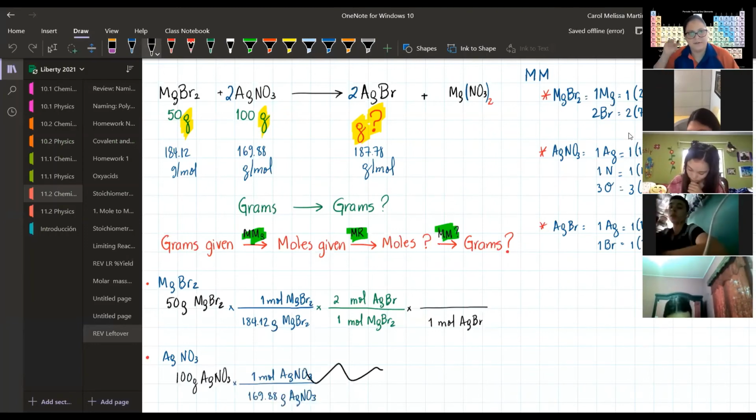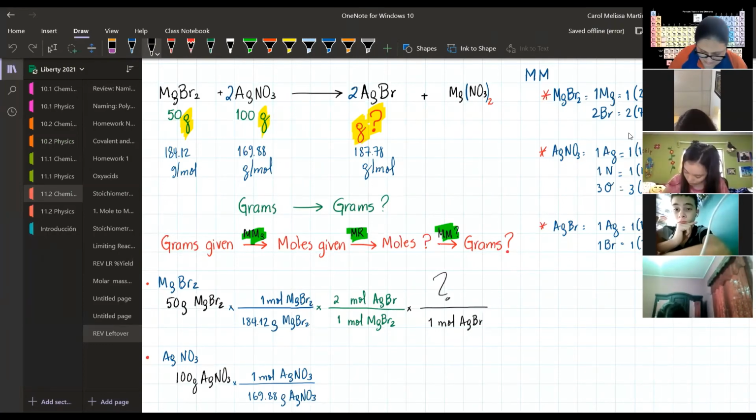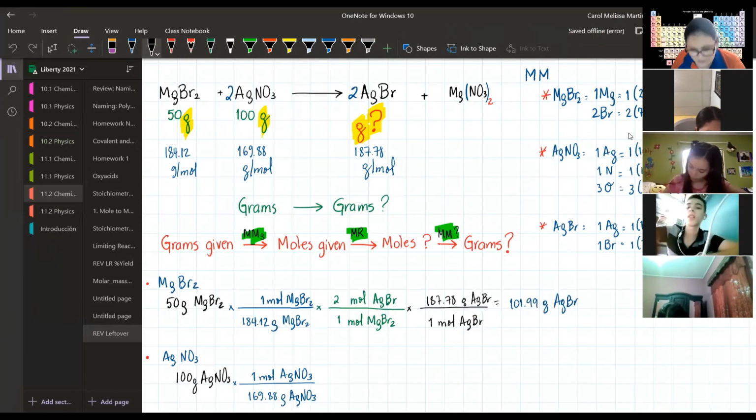I'm confused now. I lost what I wrote right here. I lost it, I don't know why. But I remember that the answer was 101.99 grams. Now I'm gonna continue working with the second part. Maybe it doesn't get blocked anymore.